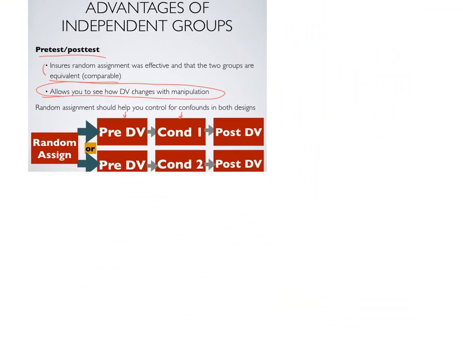So in post-test only, you only see the end product. You only see, is there a difference in their anxiety? Is one group more anxious than the other? But if you have pre-post, let's say this is group A and group B, you can see, let's say as a bar graph, you could say how much it changed.